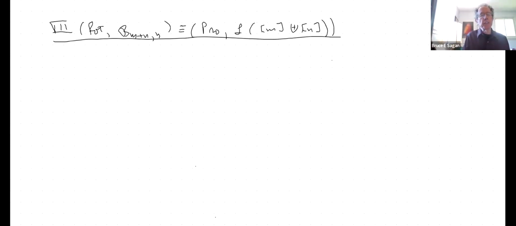So here's where toggles are going to really come into play, because remember, promotion was defined in terms of toggles. So we'd like to define rotation in terms of toggles, and that turns out to be surprisingly easy to do. So we're going to define the rotation toggles.